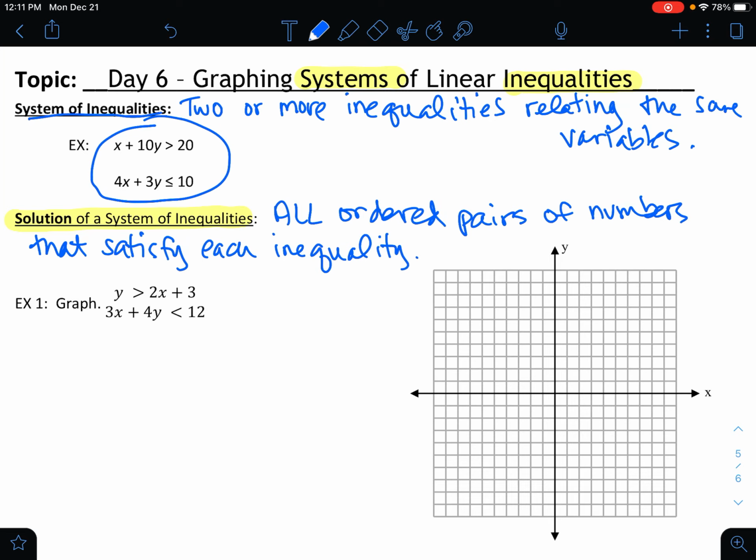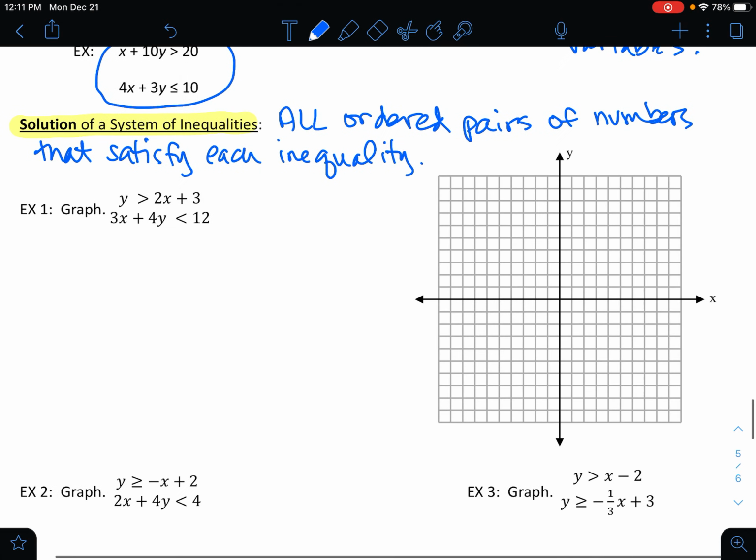The purpose of our shading is that we are basically coloring in all the answers. Whatever we're shading represents all of the ordered pairs that are solutions. So our plan is to separately graph the inequalities, and then we're looking for that double shaded area.